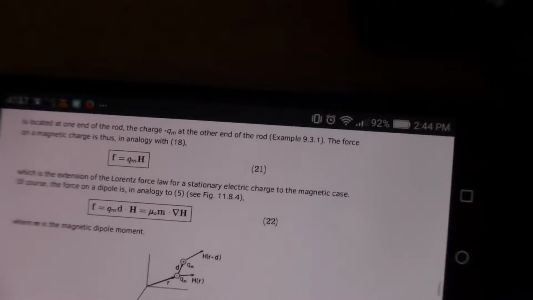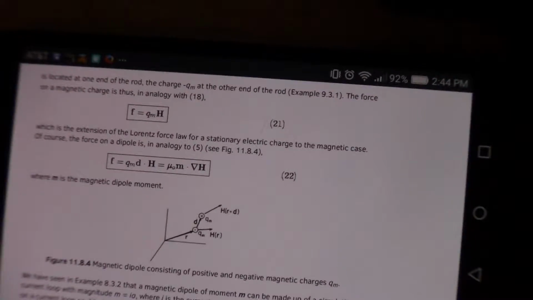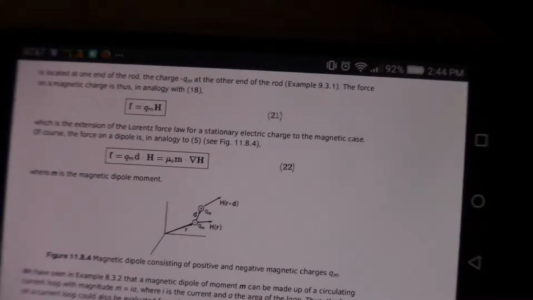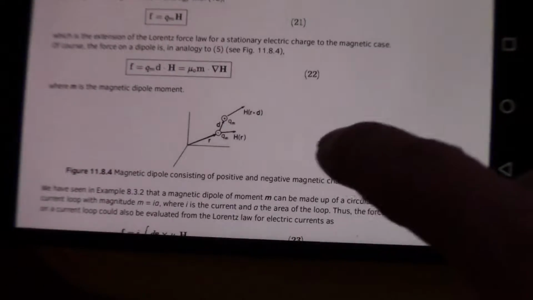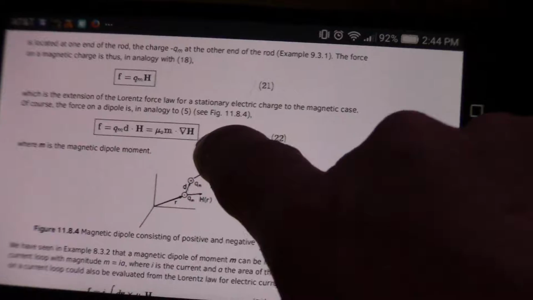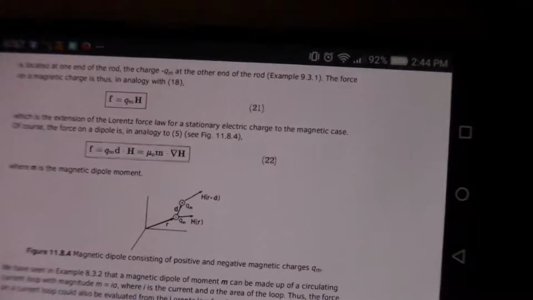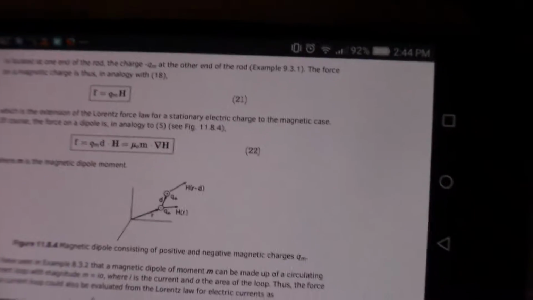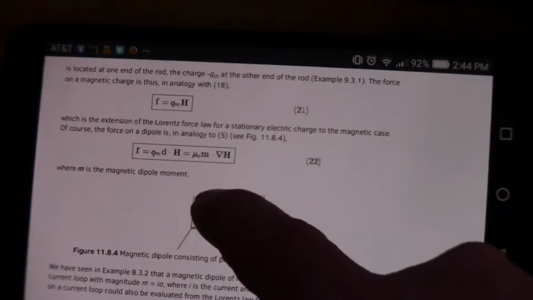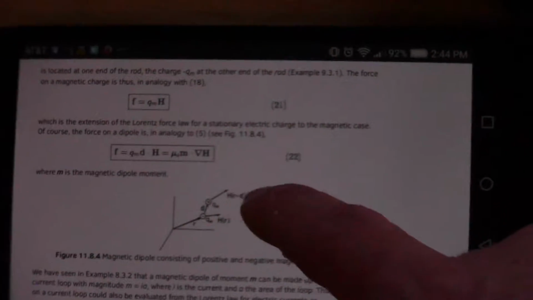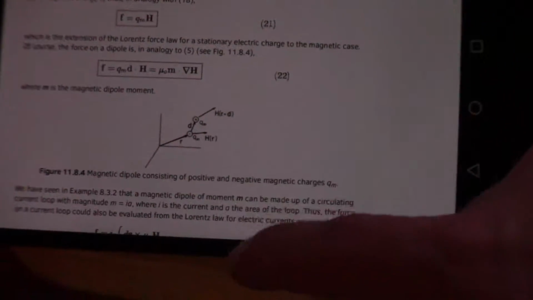Basically, here it talks about the force on a magnet, and I notice here there's this gradient of the H field. Often enough, people represent a force on a magnetic dipole with magnetic moment M, a magnetic dipole consisting of positive and negative magnetic charges.